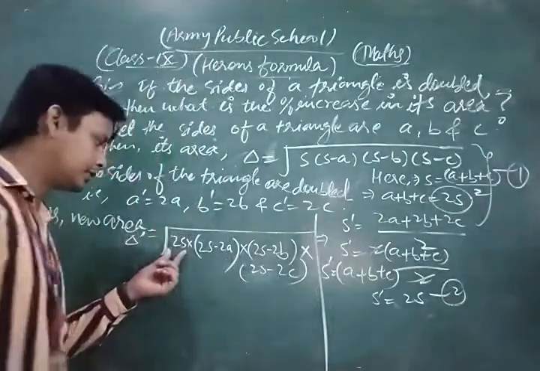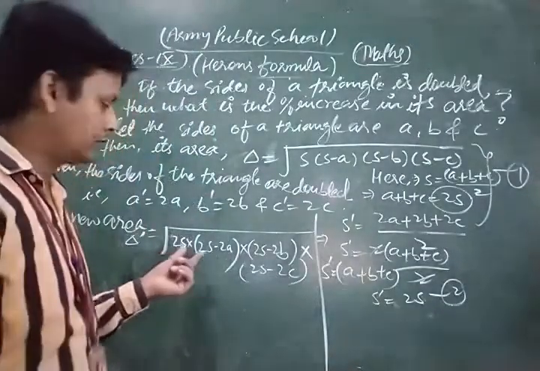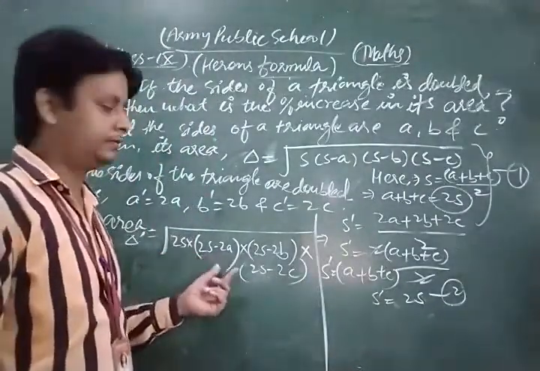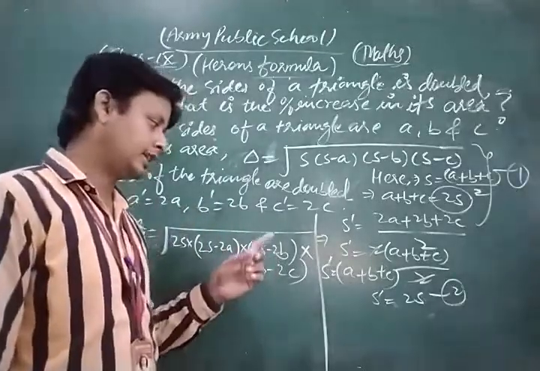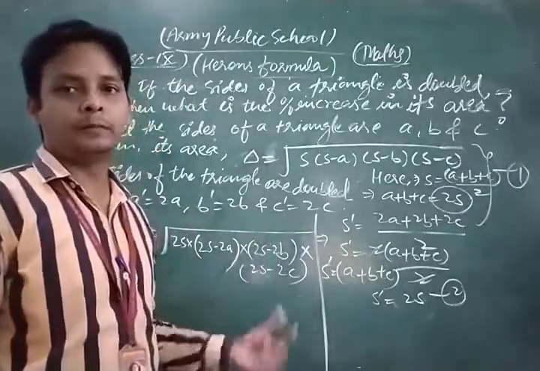So here s means 2s, s minus a means 2s minus 2a, s minus b is 2s minus 2b, and s minus c is 2s minus 2c.